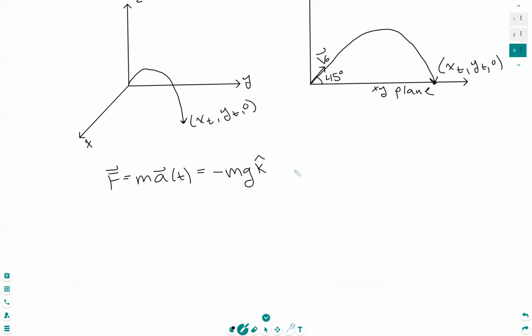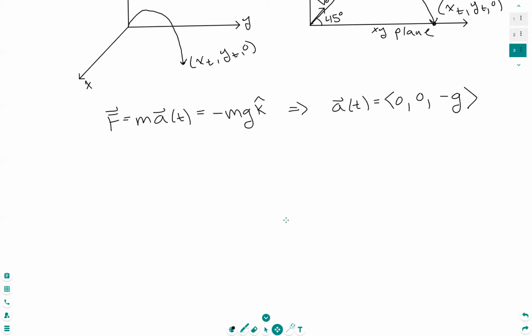Okay, so this means that our acceleration is the vector 0, 0, negative g. And that makes sense, right? The only force that this projectile is feeling is just the pull of gravity, right? So we just have this negative g here.